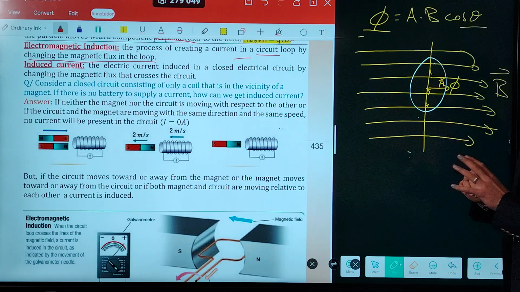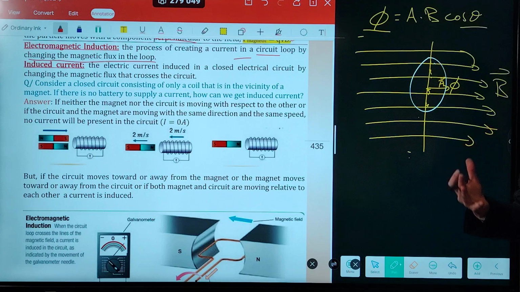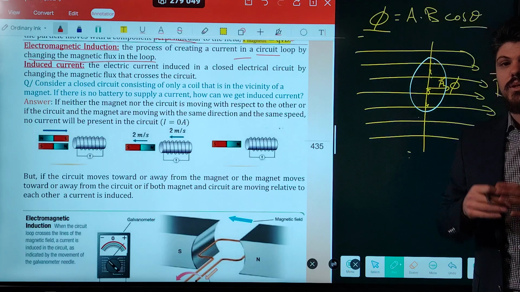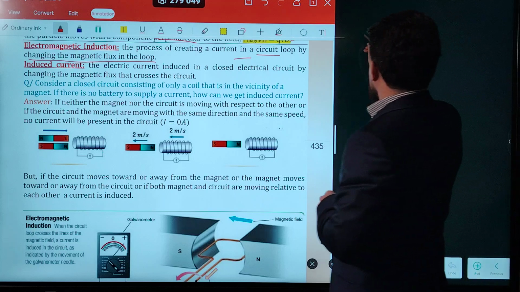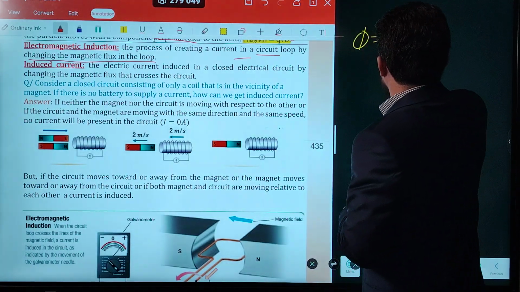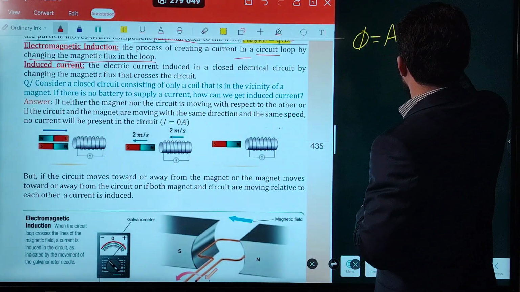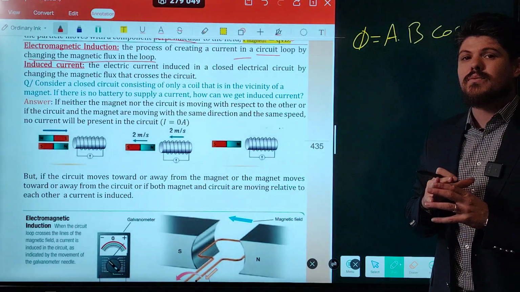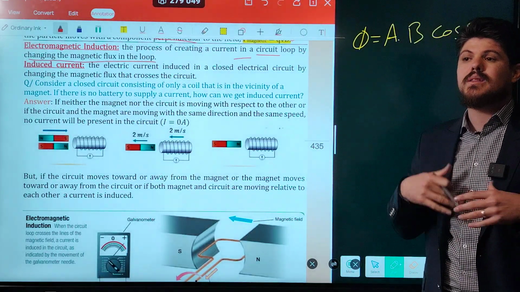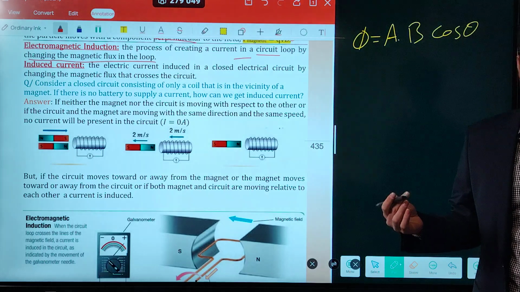So this is flux. It is very important to know how we can change the magnetic flux. Flux is equal to what? A B cosine theta. What does the magnitude of the magnetic flux depend on?